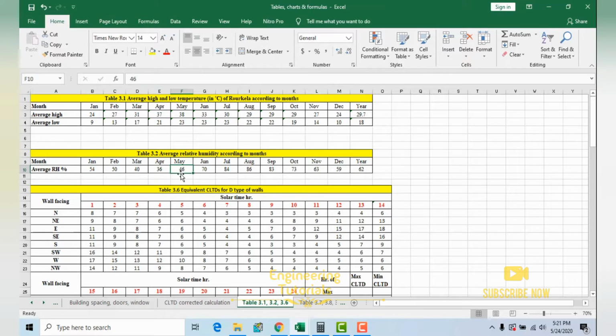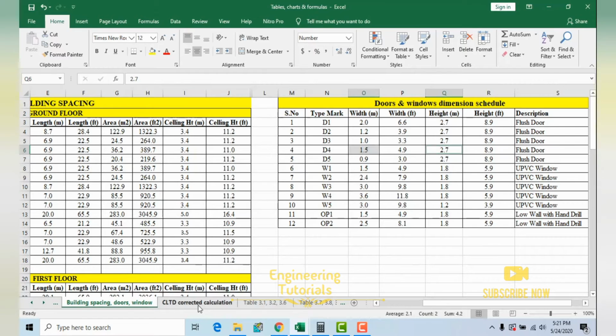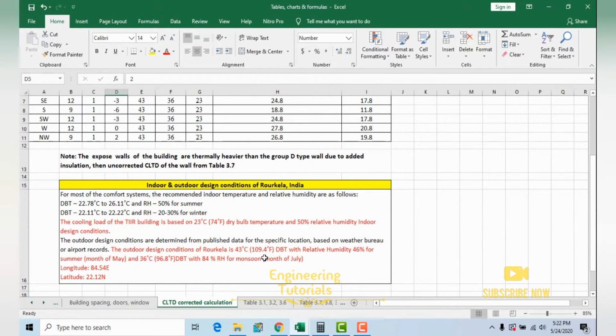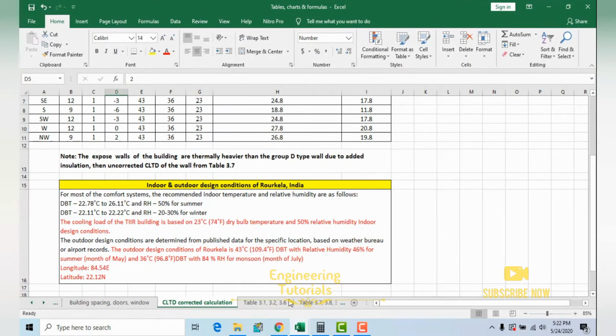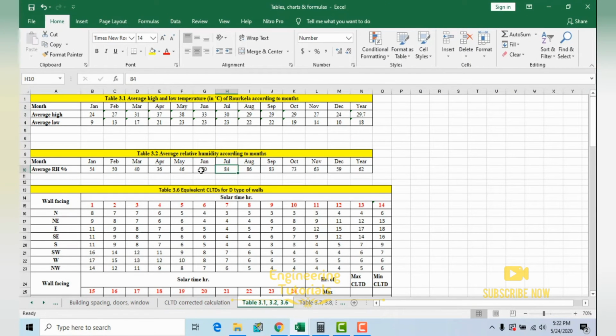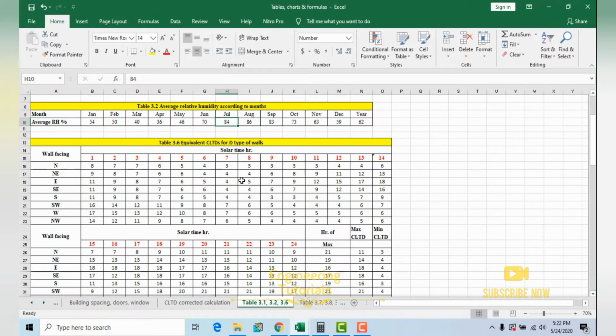So this is 46% relative humidity we got from here. You can check over here also. And monsoon relative humidity is 84% for the month of July.